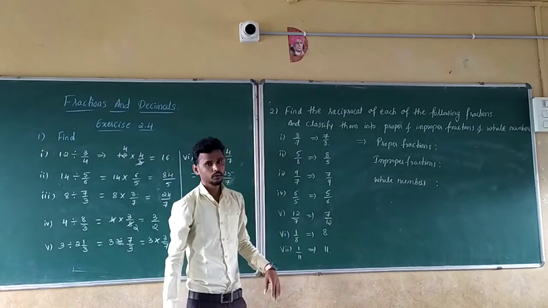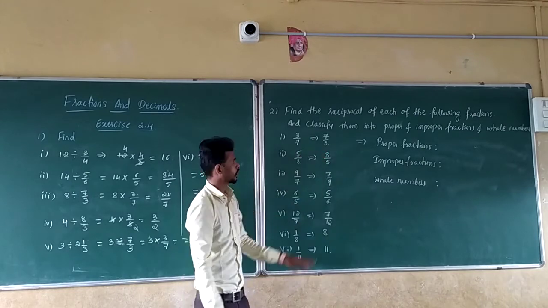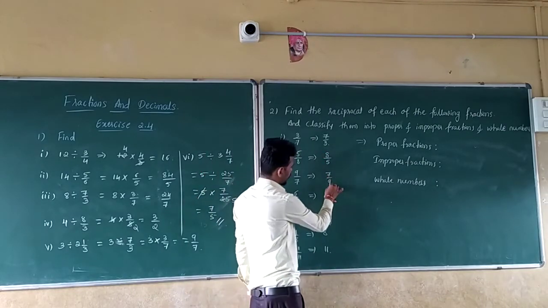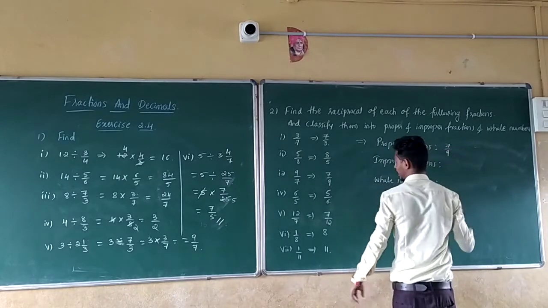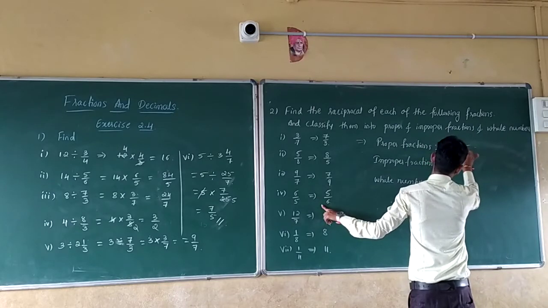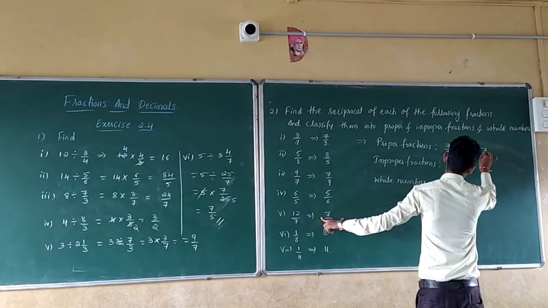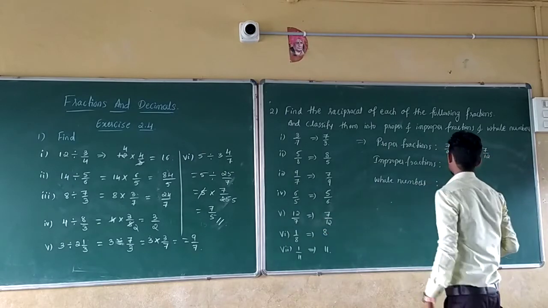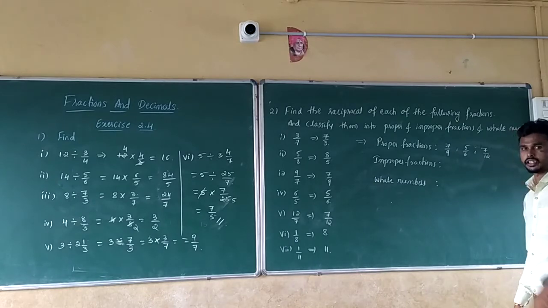So let us see which have the numerator less than the denominator. So 7 by 9: the numerator is less than the denominator. Next, 5 by 6. Next, 7 by 12. So these are what? Proper fractions. And next, an improper fraction means the numerator is greater than the denominator.